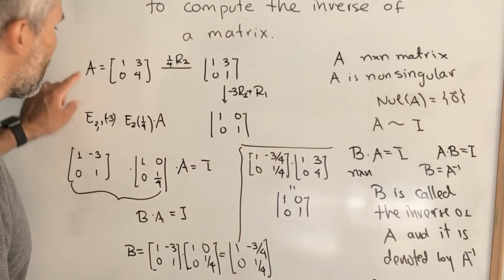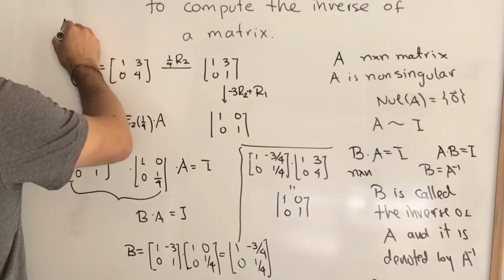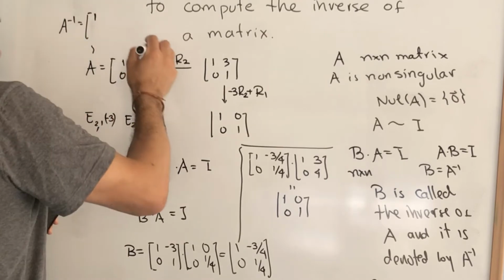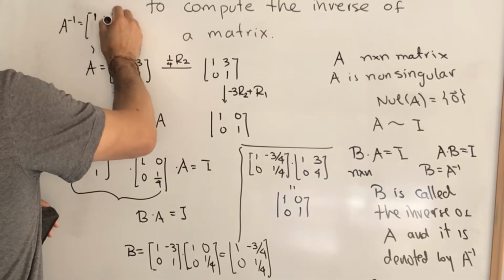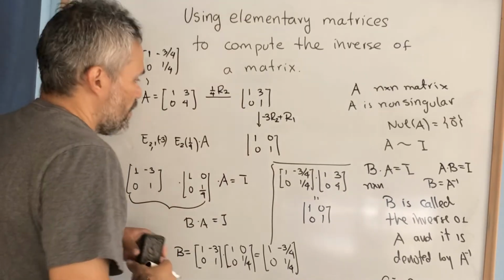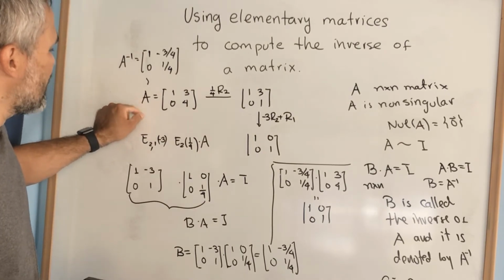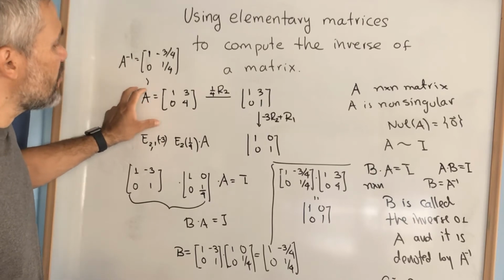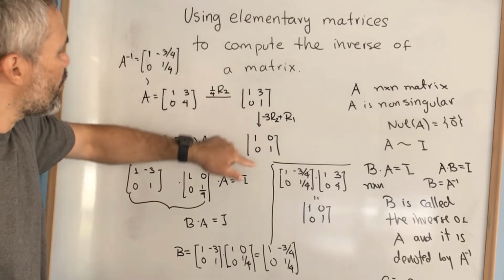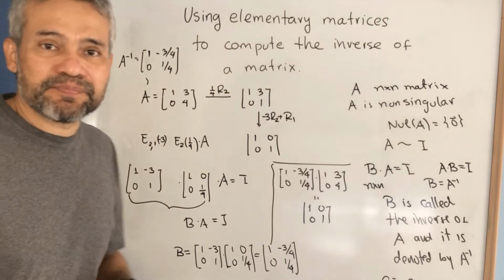Therefore, in this case, we have found explicitly the inverse of this matrix. We can say that A inverse is the matrix B, which is equal to 1, negative 3 quarters, 0, and 1 quarter. There are going to be a lot of more efficient ways to compute the inverse of a 2 by 2 matrix, or in general, but this is just a good exercise to visualize that every row operation can be viewed as multiplication on the left by an elementary matrix.